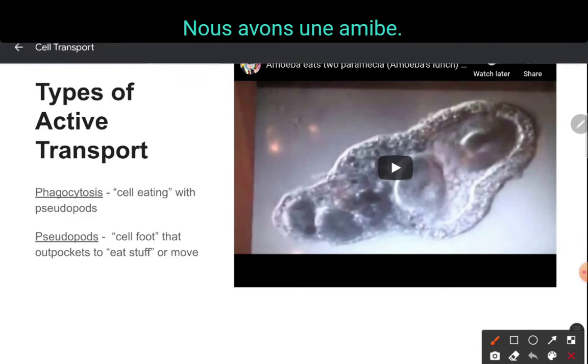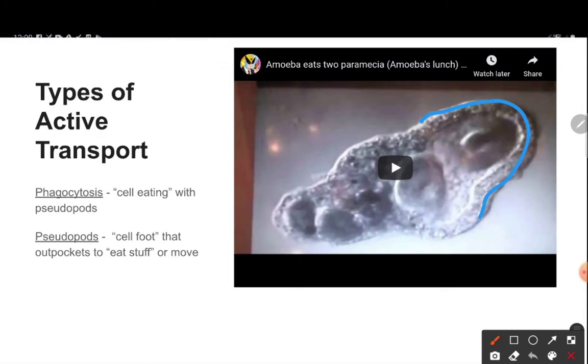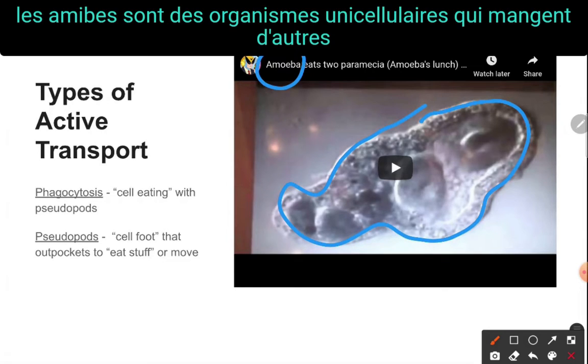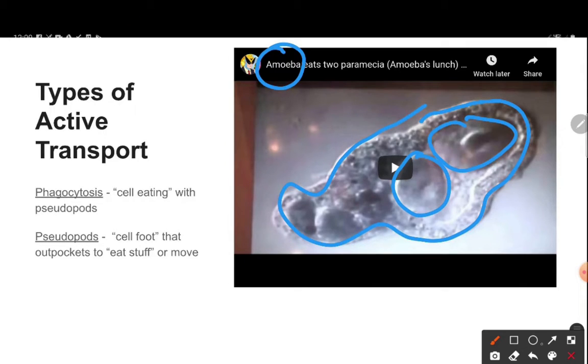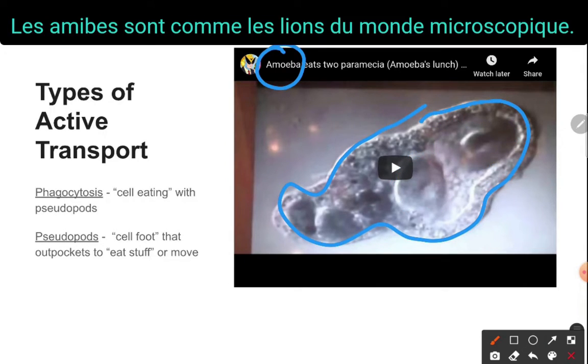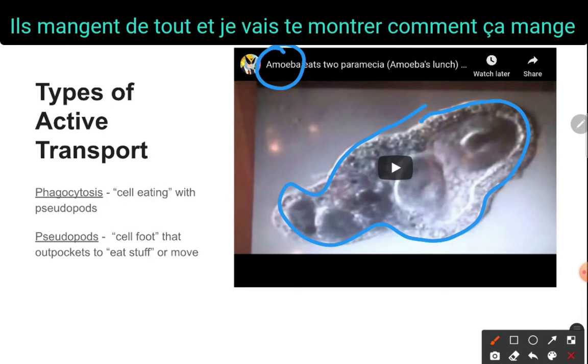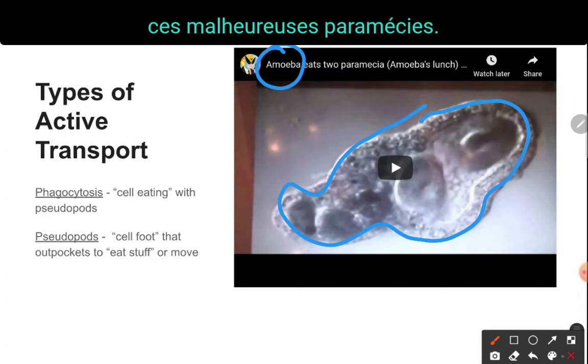Here we have an amoeba. Amoebas are single-celled organisms that eat other single-celled organisms like the ones here. Amoebas are like the lions of the microscopic world. They eat everything, and I'm going to show you how it eats these unfortunate paramecium.